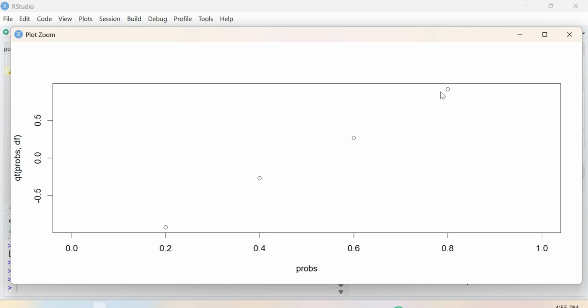And we can see this is almost 1 here, about 0.85, right? So 85% of the values are less than 1, right? So we have to think the opposite way.